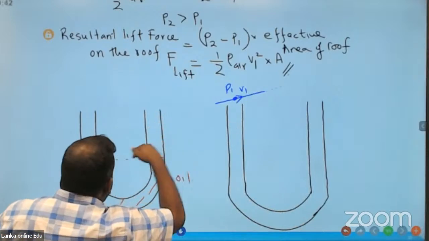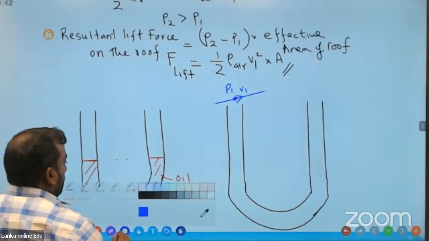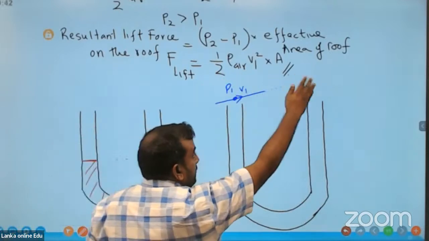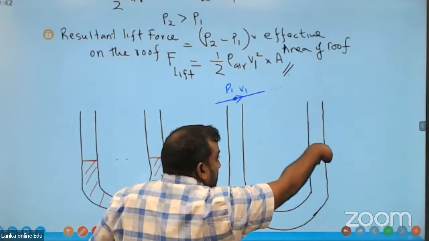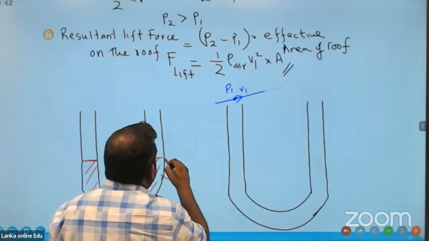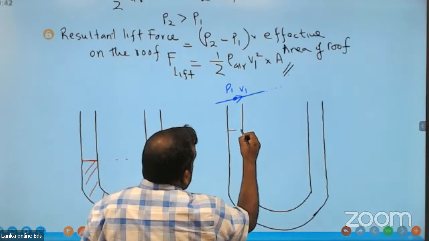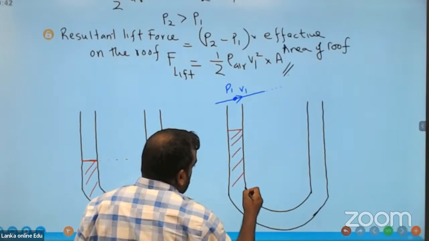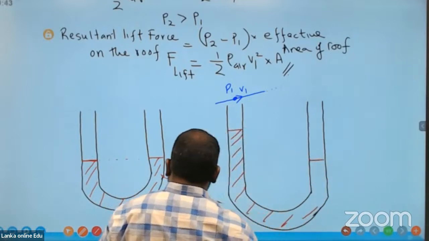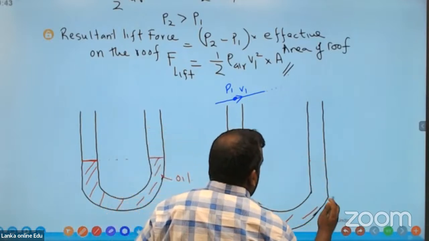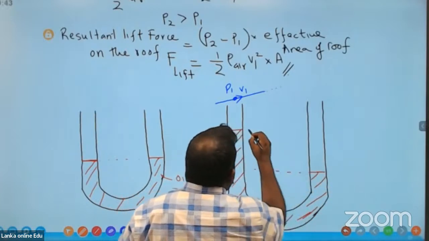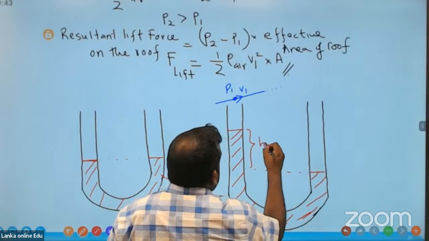High pressure on this side will push, so the liquid will rise up. On the other side, the liquid level is low. There you go. Now this will give us a level difference.